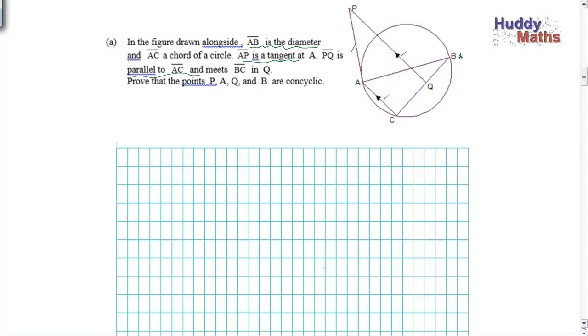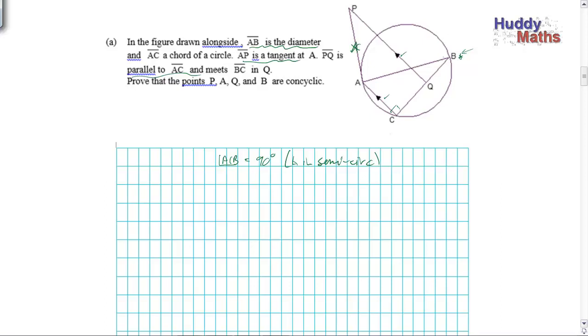Now what we want to do is try to use each of those given pieces of information. So let's use the diameter for a start. If AB is the diameter, then angle ACB, this one in here, would have to be 90, because that would be angle in a semicircle. Now, what else have we got? We've got this tangent.